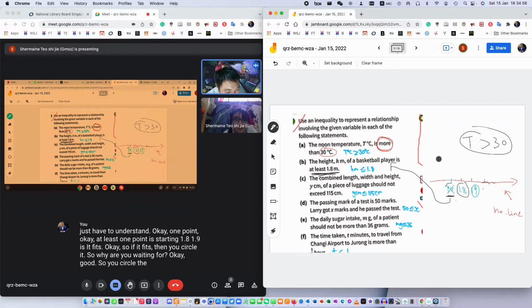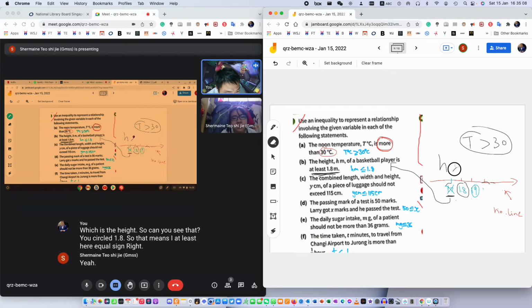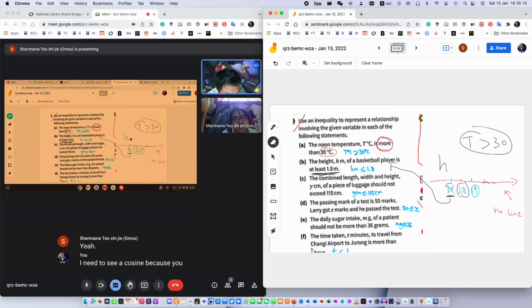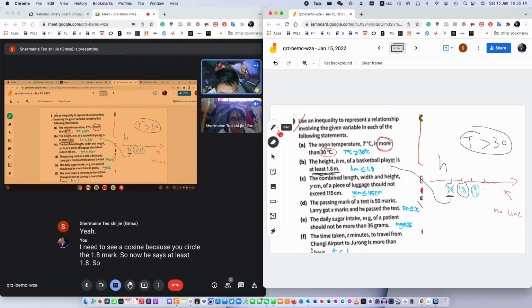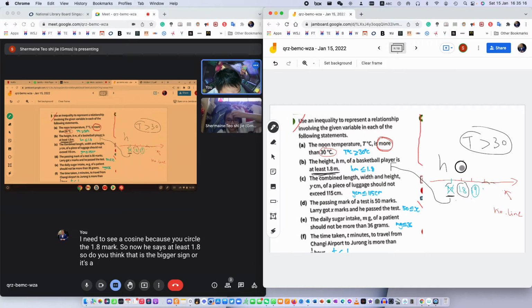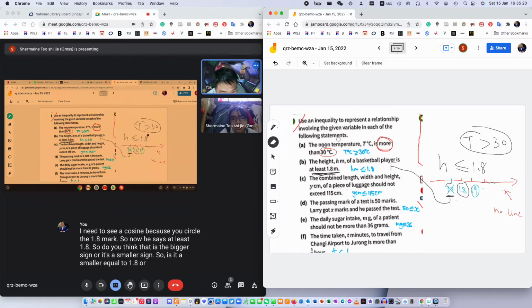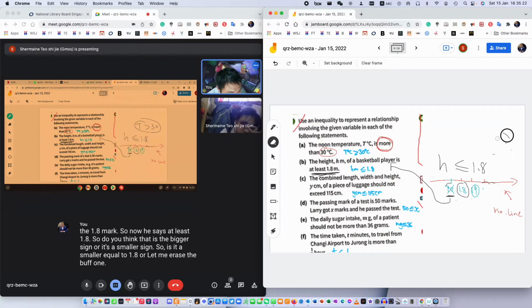So now you put an H, which is the height. Can you see that you circled the 1.8? So that means I need to see an equal sign, right? Because you circled the 1.8. So now it says at least 1.8. Do you think it's a bigger sign or a smaller sign? Is H smaller than or equal to 1.8, or H is bigger than or equal to 1.8?